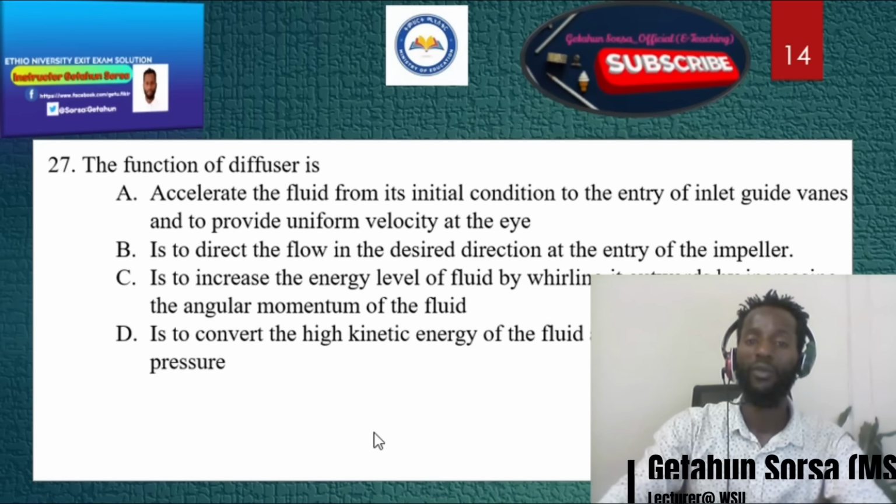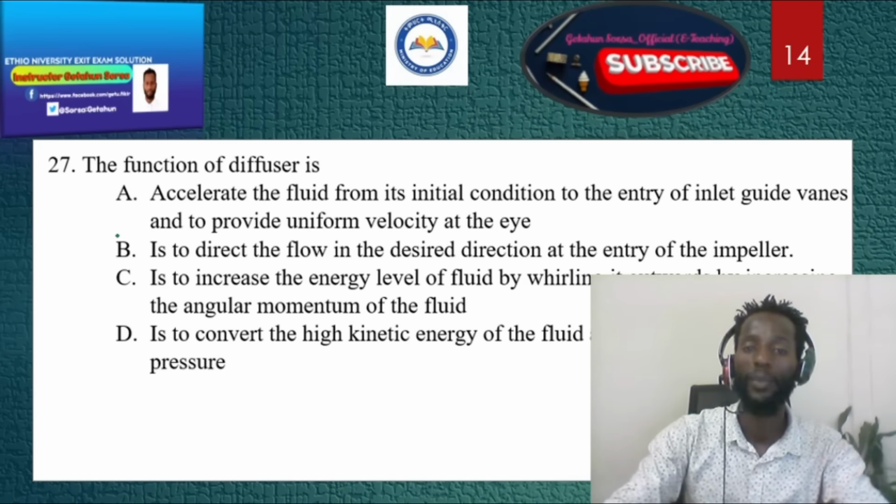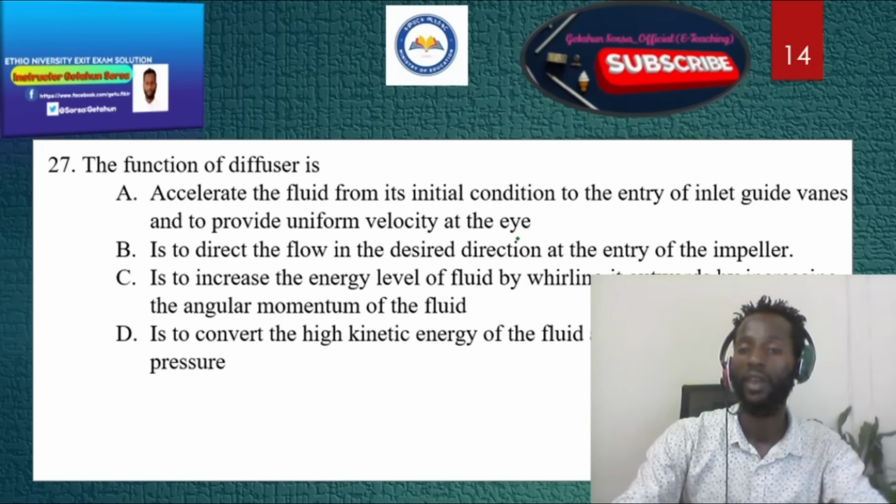The function of the diffuser is: A. To accelerate the fluid from its initial condition to the entry of the inlet guide vanes and to provide uniform velocity at the end.